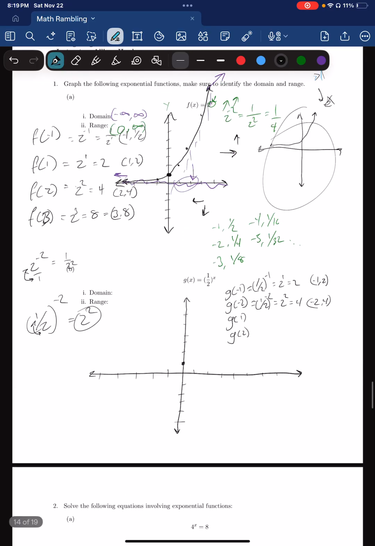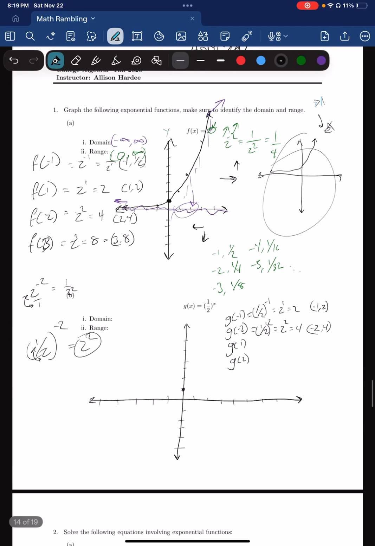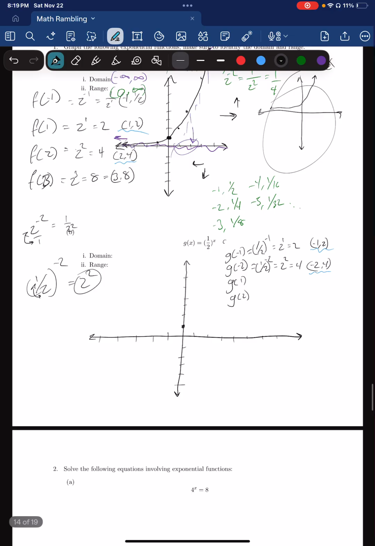And this should look pretty familiar, except a little reversed. On our original function, we had (1, 2), and now we have (-1, 2). We had (2, 4), and then we have (-2, 4). So without even doing any math, if we wanted to find g of -3, it would seem to be related to this right here.